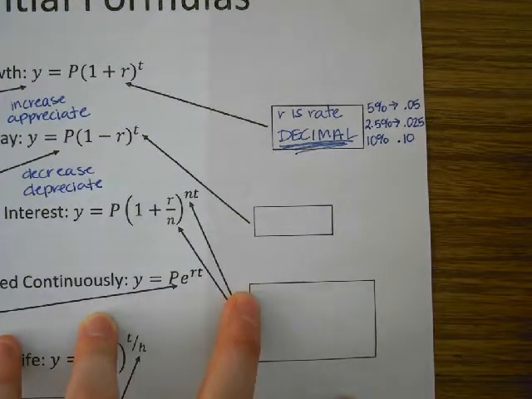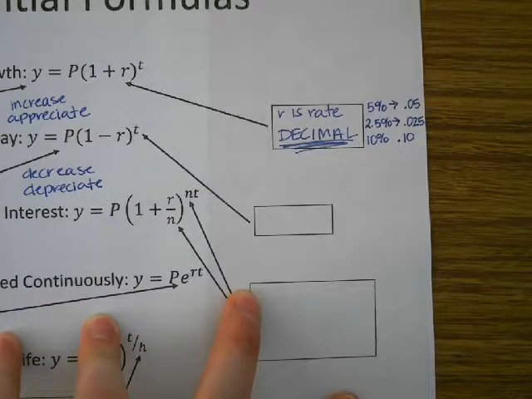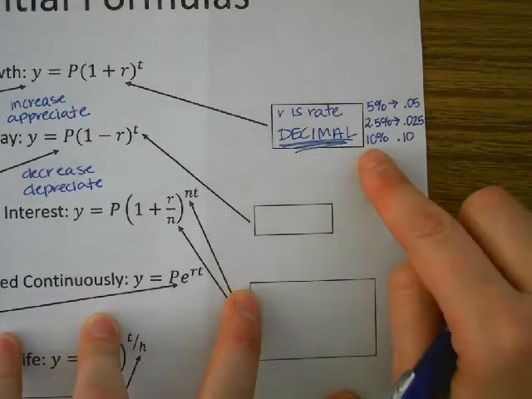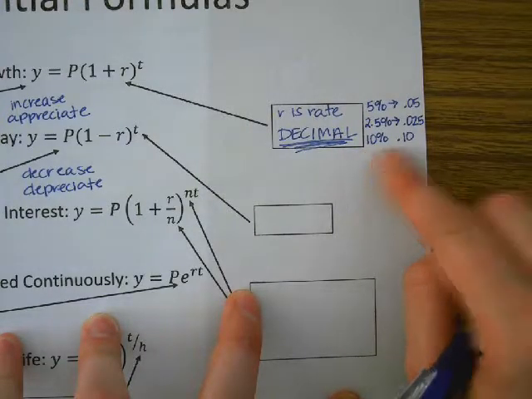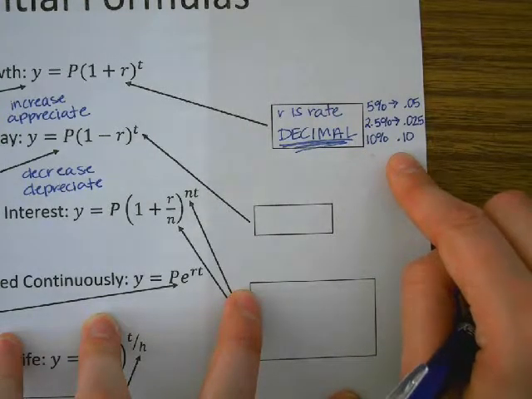So we have to be careful when we use the rate that we use the decimal version of the rate. When they give us the problem, they're always going to give it to us as a percent. When we type it in our calculator, we have to use the decimal. If you don't use the decimal, your answers are going to be ridiculously large and your answers will not make sense. Okay.